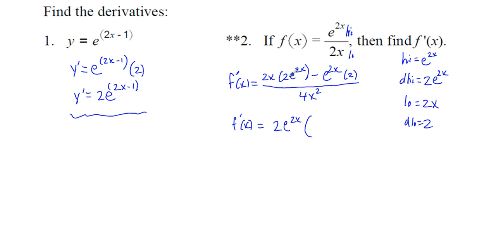I think we just have 2x, right? And then minus 1. And I think it's going to be over 4x squared. I believe that's going to get it. And we can find where the function is increasing or decreasing by setting this numerator equal to 0 and so forth.